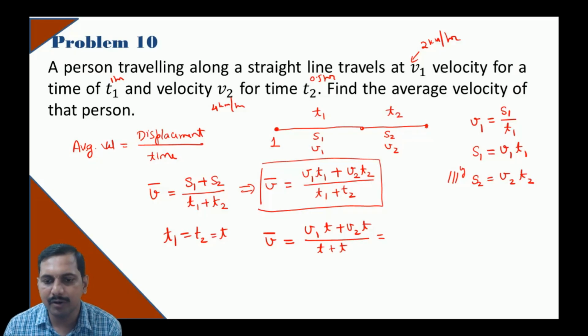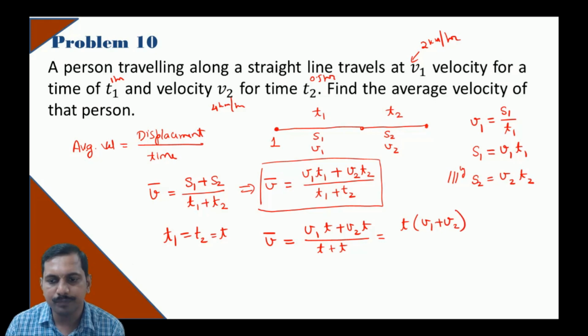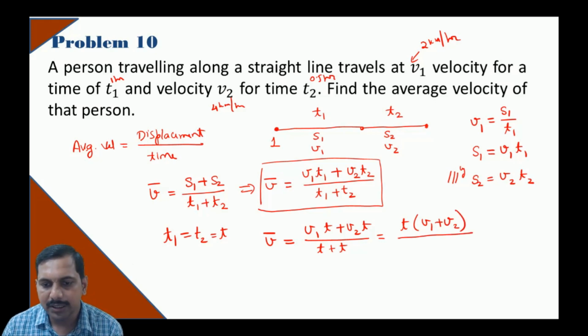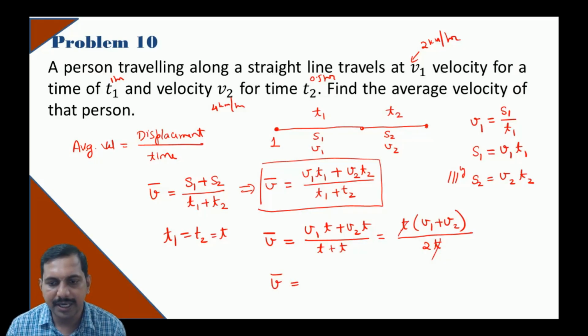Let me take t outside, you will get v1 plus v2 divided by t plus t, which is 2t. So this t and t cancel and we get v bar is equal to v1 plus v2 divided by 2.